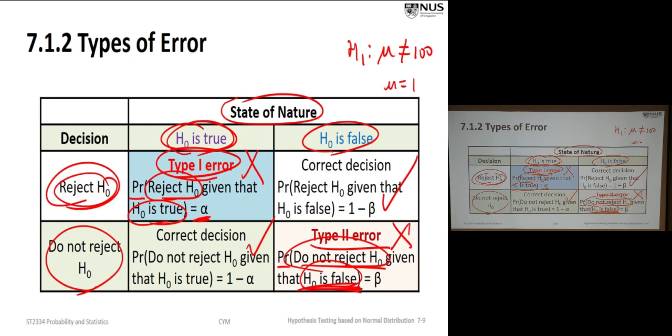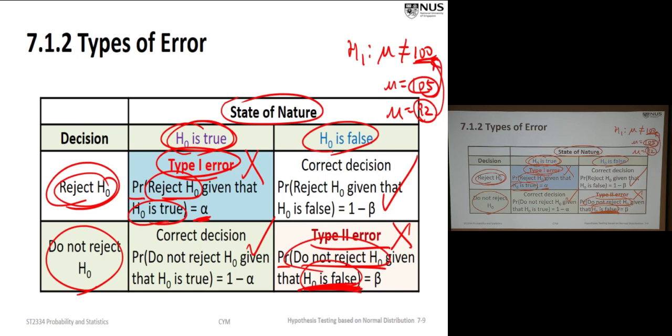I can consider 105, or consider mu equal to 92. So all these numbers are different from 100. So I can calculate the probability of not rejecting H naught when mu equals 105, which is part of the alternative, or mu equals 92, which is also part of the alternative.